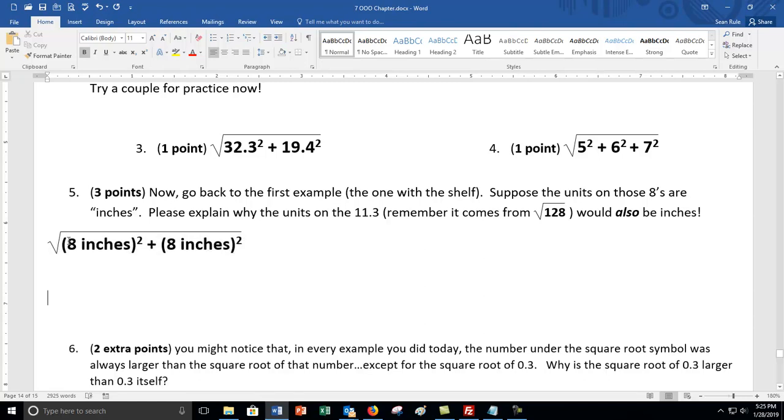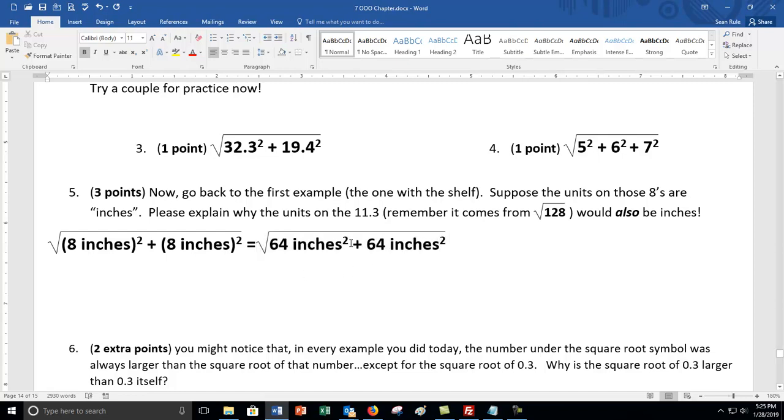So you're taking 8 inches and multiplying it by 8 inches. And we drew a little graphic in class today about why 8 inches by 8 inches multiplied together gives you 64 square inches. Just like 8 times 8 is 64, inches times inches is square inches. So this ends up being equal to 64 square inches plus 64 square inches.